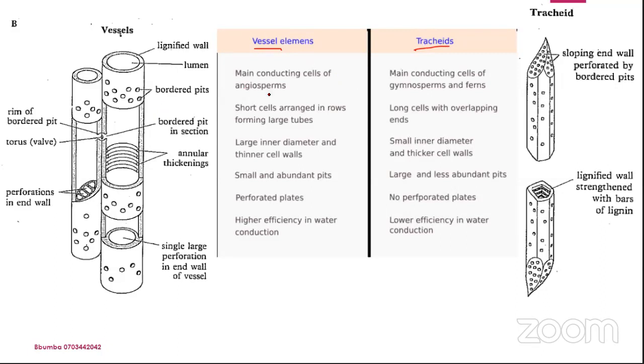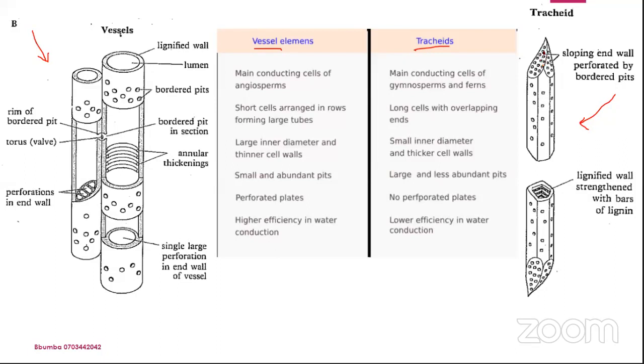I got this picture from Function Approach by M.B.V. Roberts. This is a common textbook that almost everyone has. Again, this picture is also from Function Approach. You can see that the tracheid is tapering, and it has perforated end walls.